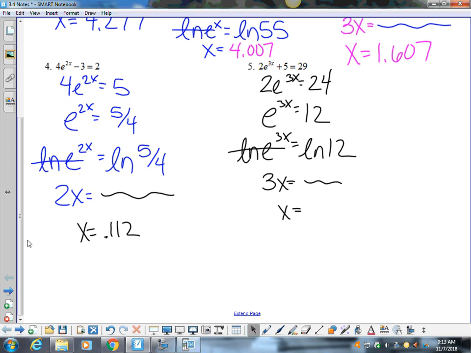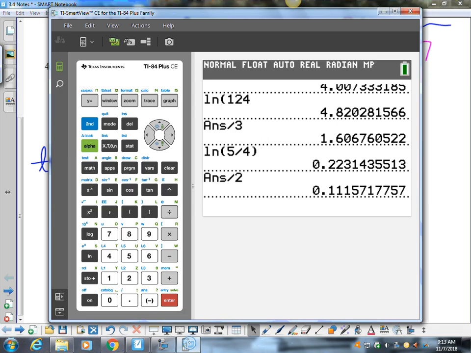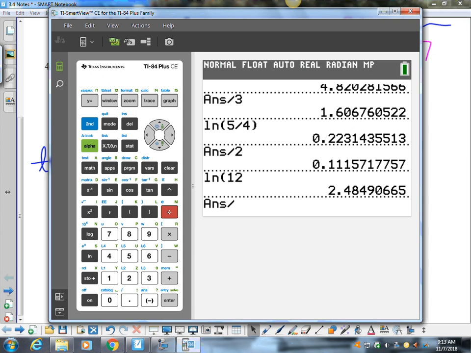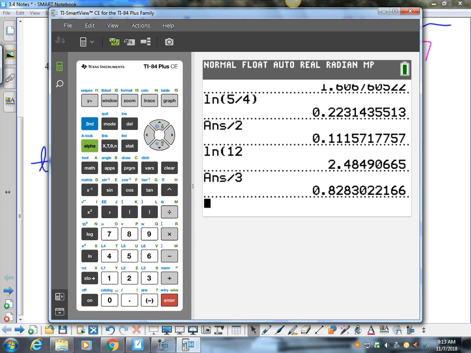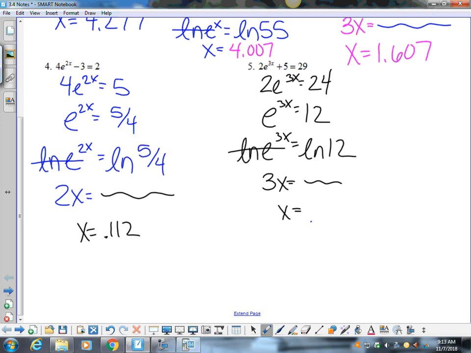So now I need to ln 12, and then I need to divide by 3. Everybody okay? Okay, this concludes the easy section.